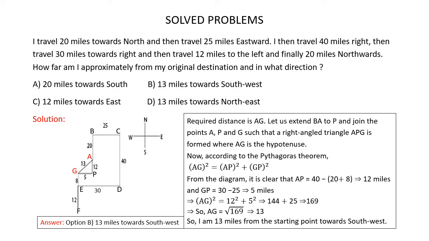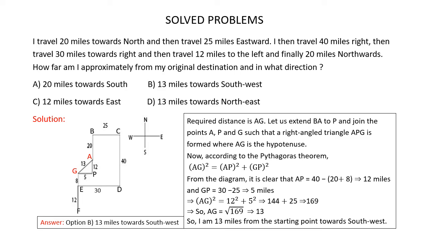Now since CD is 40 miles, this whole distance will be 40 miles. Now we know that from F to G it is 20 miles, whereas from E to F it is 12 miles.